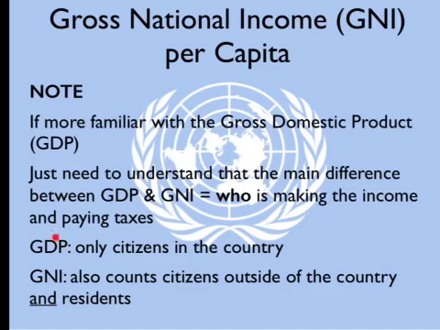For the GDP, it's only citizens in the country. So no residents and no citizens outside of the country, which is what the GNI counts, citizens outside of the country and residents. So the big difference is who is making the money.